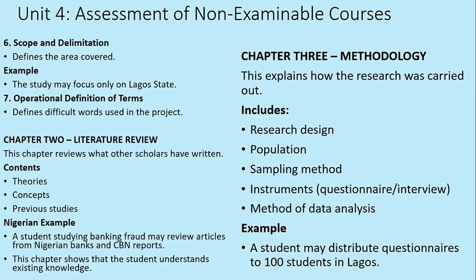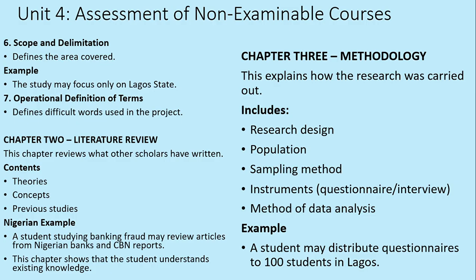So under this chapter 3, you need to include your research design, the population that was covered, the sampling method, the kind of instrument you use, and the method of data analysis. An example is a student who may distribute questionnaires to 100 students in Lagos. In your area alone, there might be more than 100 students.